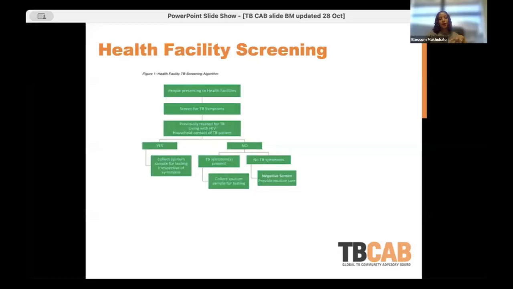And if it's a no, and there are TB symptoms present, sputum also gets collected. But like I said, this is problematic because it then solely relies on symptoms. We need to do a paradigm shift. And then the next slide, please.